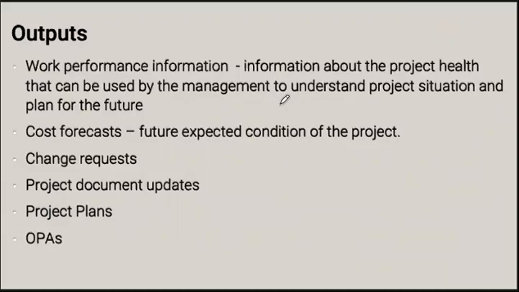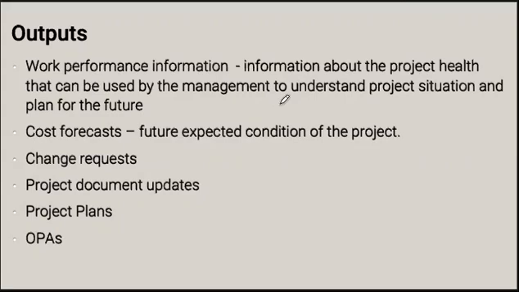We can understand whether the project is under budget, over budget, behind schedule, ahead of schedule, and then we can react accordingly by producing change requests, which are another output of this process if some corrective or preventative actions are required. We're also going to produce cost forecasts based on the estimated at completion, the estimated to completion, and the variance at completion. These are forecasts for the costs that are going to be useful for the managing committees.